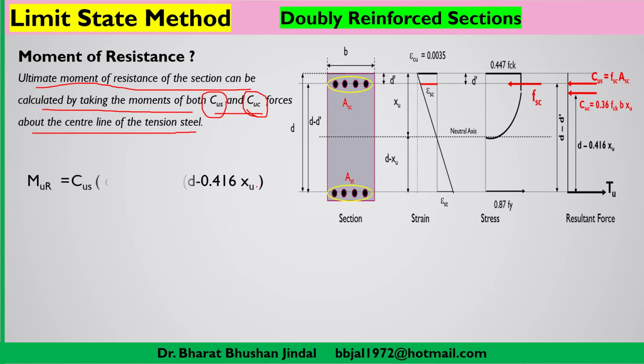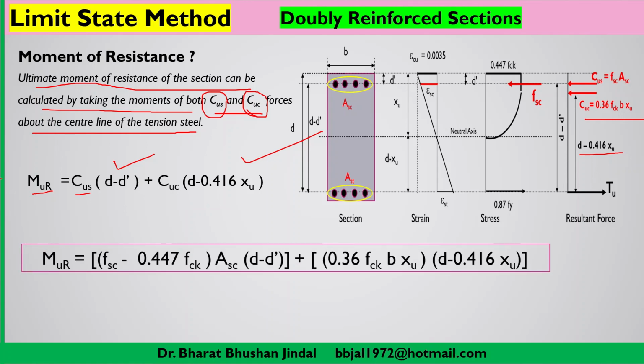So that's why the lever arm will be changing. Now MUR is the ultimate moment of resistance, that is CUS, acting at this level. So the lever arm of this force from 0.87 Fy is D minus D dash, plus CUC. What is CUC? 0.36 FCK B XU, and the lever arm of this force with respect to TU is D minus 0.416 XU, which you are already aware of.